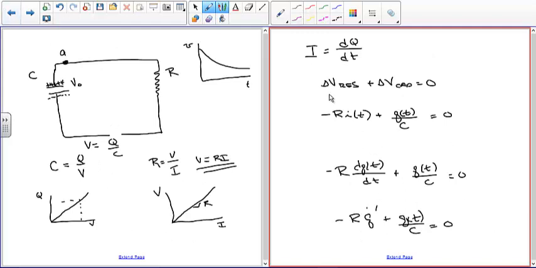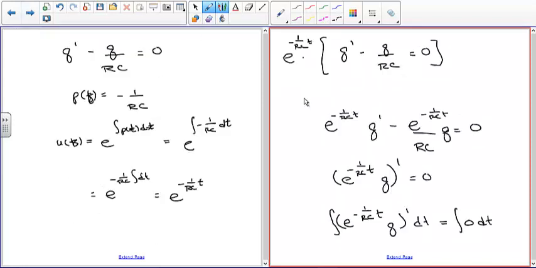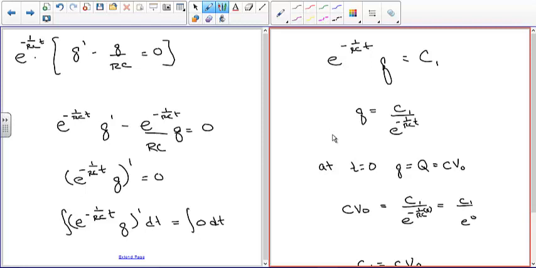So we had the loss in that, we had the increase in voltage, dq dt equals I. I'm not sure where I made a mistake here.